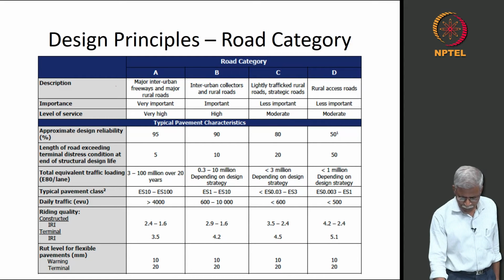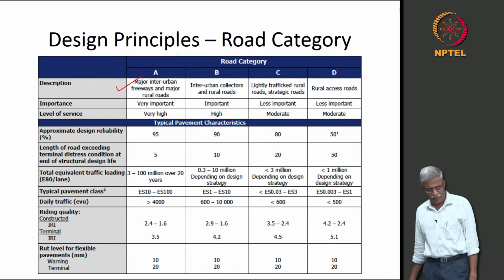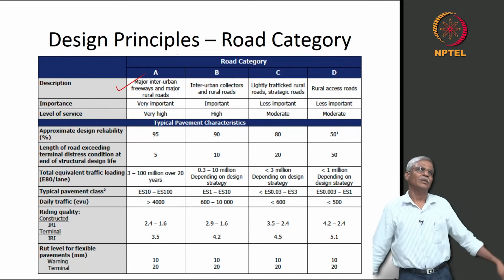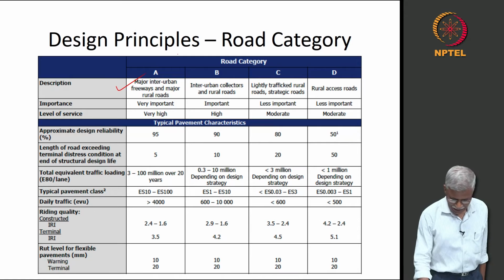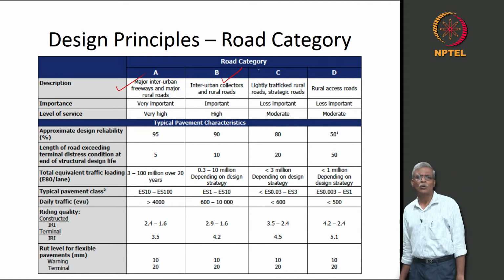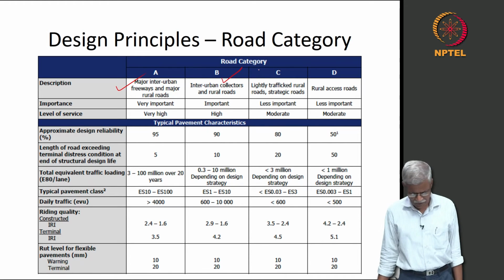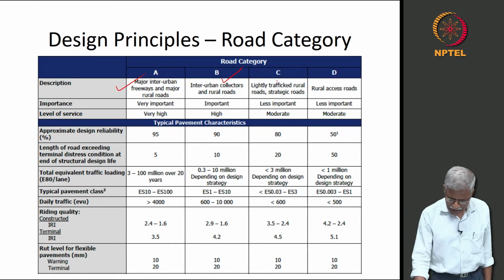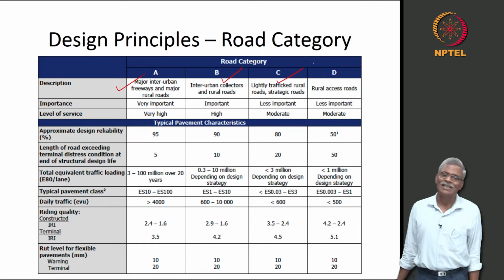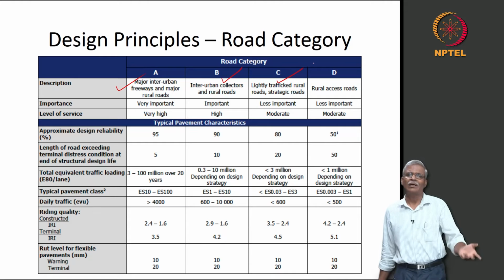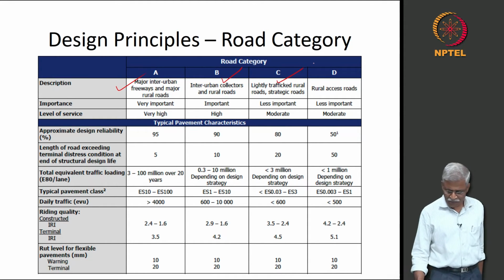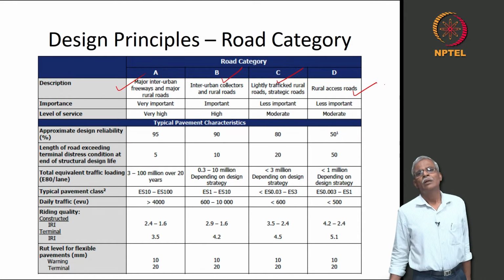A is a major interurban freeway and major rural road. So, you can think in terms of expressways and national highways. Then B could be something like an interurban collector and rural roads. You can think of it in terms of a state highway, and C is lightly trafficked rural roads and strategic roads. Think of it like our district roads and rural access roads.